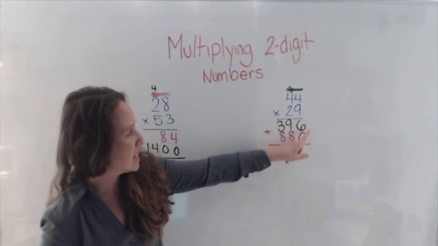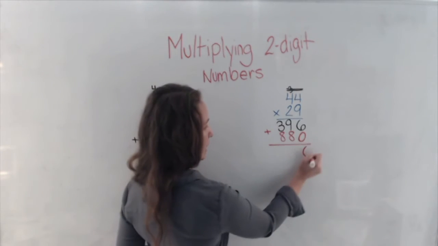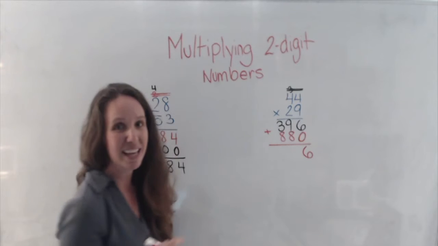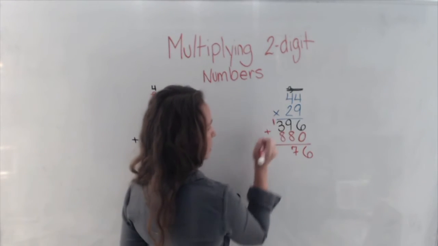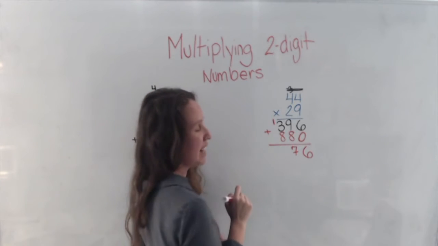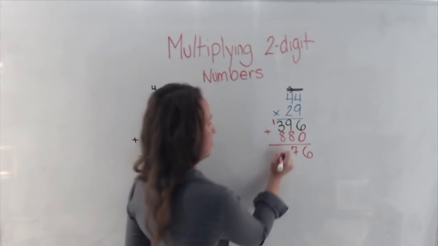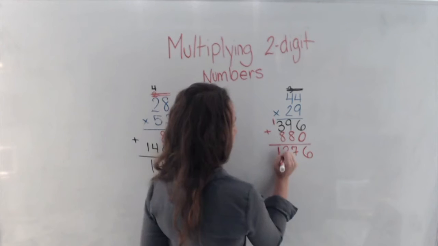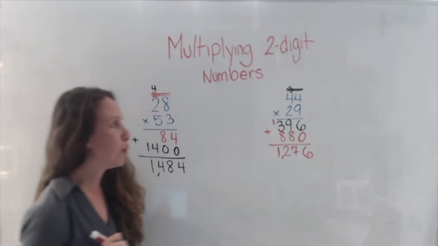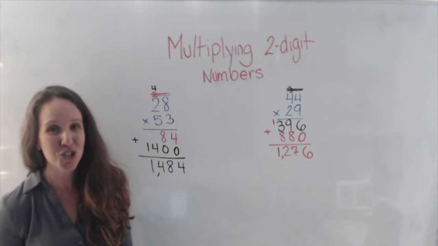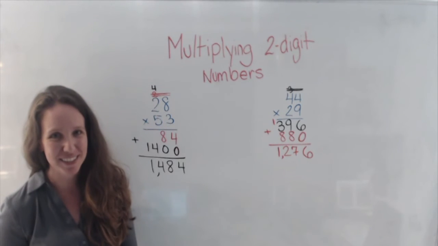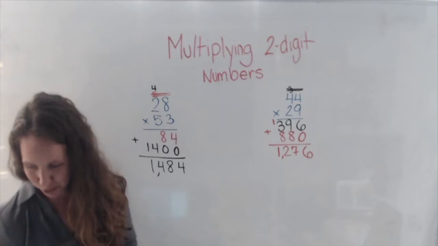So 6 plus 0 is 6. 9 plus 8 is 17. And 8 plus 3 is 11. And 1 more makes 12. So 44 times 29 is 1,276.